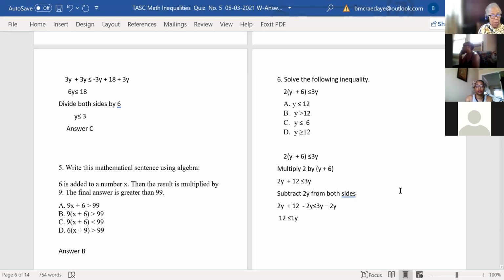Okay, so 12 less than or equal to 1y. If we want to reverse it and get the y on the left side, what would this inequality be? Greater than. So what would be the answer? D. Which one? D. y greater than 12.